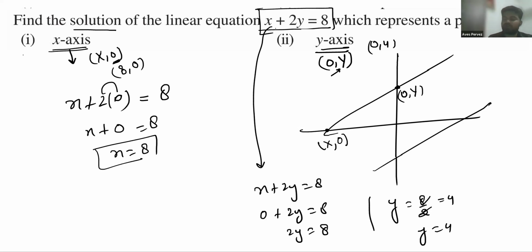So now copy this one. Note the question also. Okay.